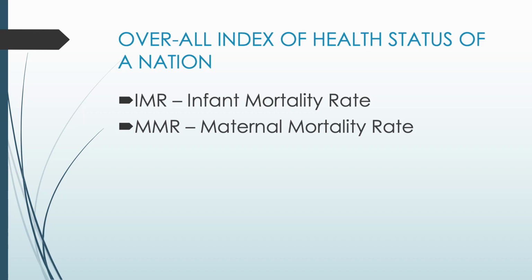Because the health of infants is sensitive to maternal health practices, especially maternal nutrition and maternal use of tobacco, alcohol, and drugs, we have the environmental factors and the quality of health services. The IMR is often used as an overall index of health status of a nation.